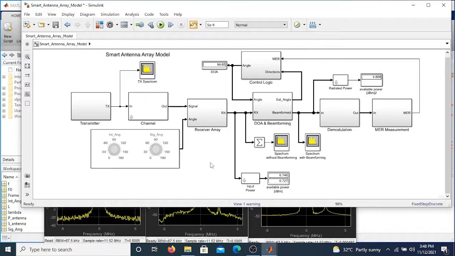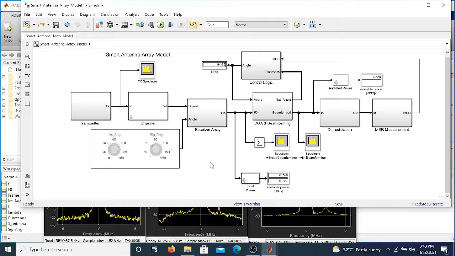So now our antenna is theoretically 72% efficient, with the direction of arrival at 94.65 degrees. Essentially, you take the ratio of the two angles: the one where we injected the impulse generated at the transmitter, and the one we get after the control logic.